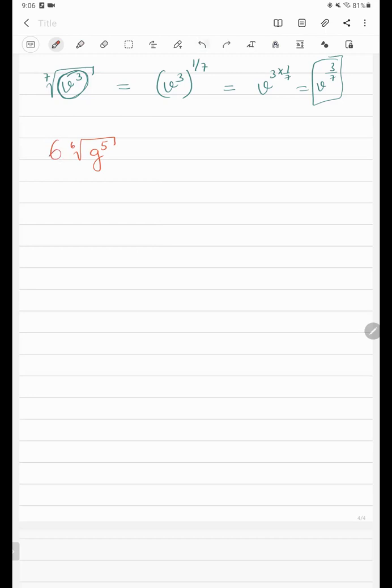But don't make the mistake. The 6 is very tiny. Now this is equal to g to the power d, where d is a constant. Now you have to find the value of d. What is the value of d going to be?